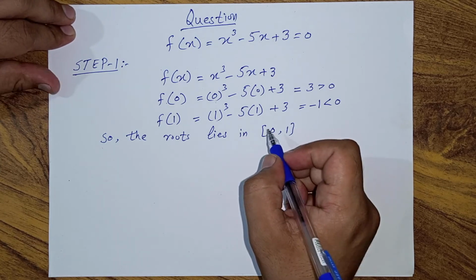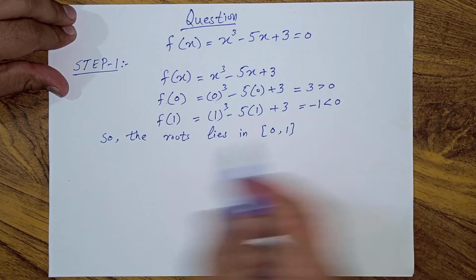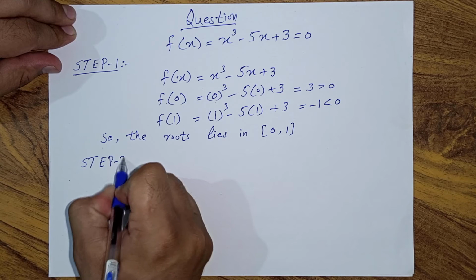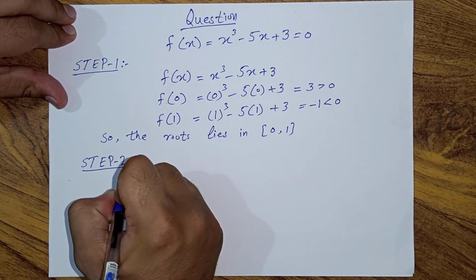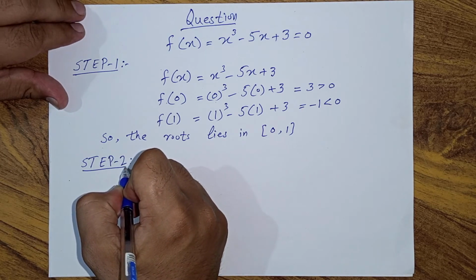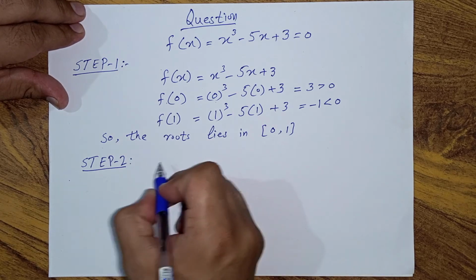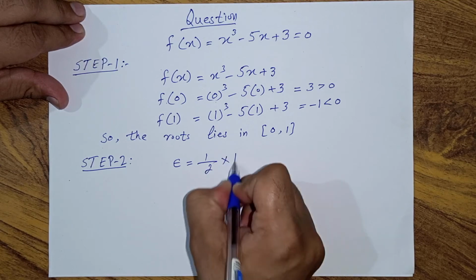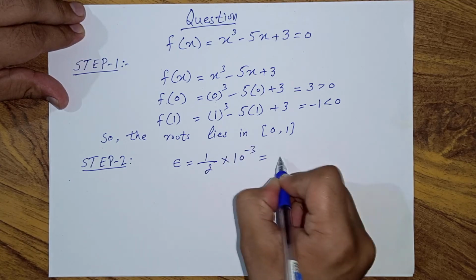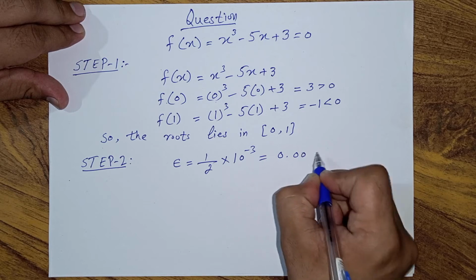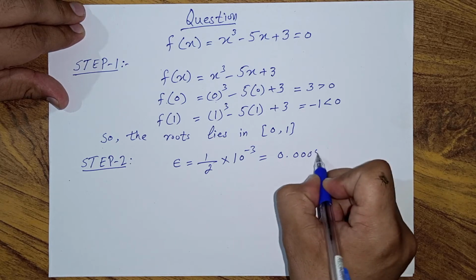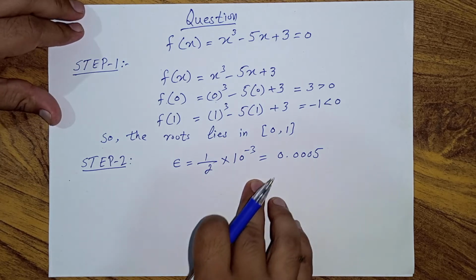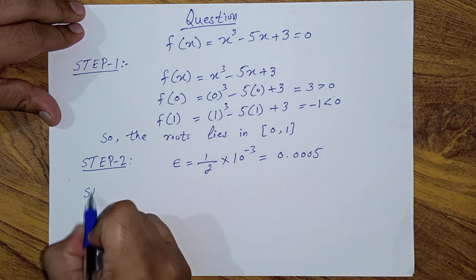Now moving to step 2, we set the convergence parameter epsilon. Epsilon equals 1/2 into 10 to the power minus 3, which equals 0.0005. This is our convergence parameter. Now step 3.